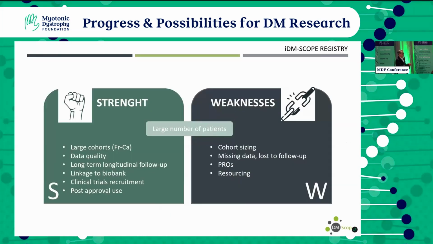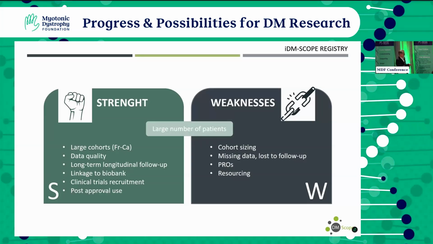Altogether, these are the strengths and the weaknesses of the registry currently. And you can see that having a large cohort encompasses the two. It's good for a rare disease like myotonic dystrophy to have a large cohort, but it is time-consuming and resource-consuming, on both sides.